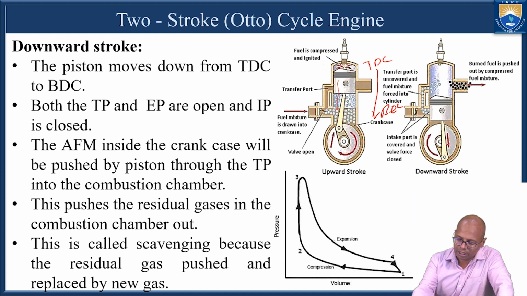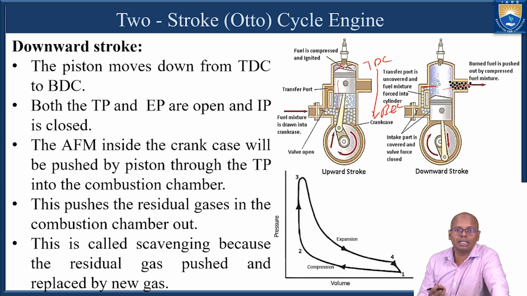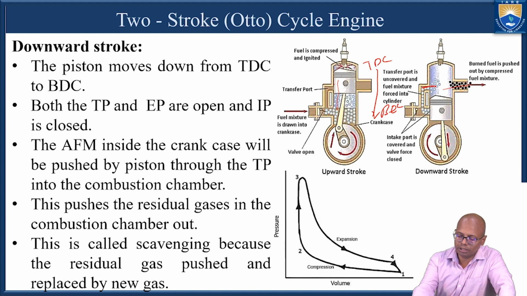And as it moves down, the transfer port and the exhaust port will get uncovered. Initially, at the TDC, both the transfer port and exhaust port will be closed, and as it moves down, at some point the transfer port and exhaust port will be open, and the inlet port will be closed.